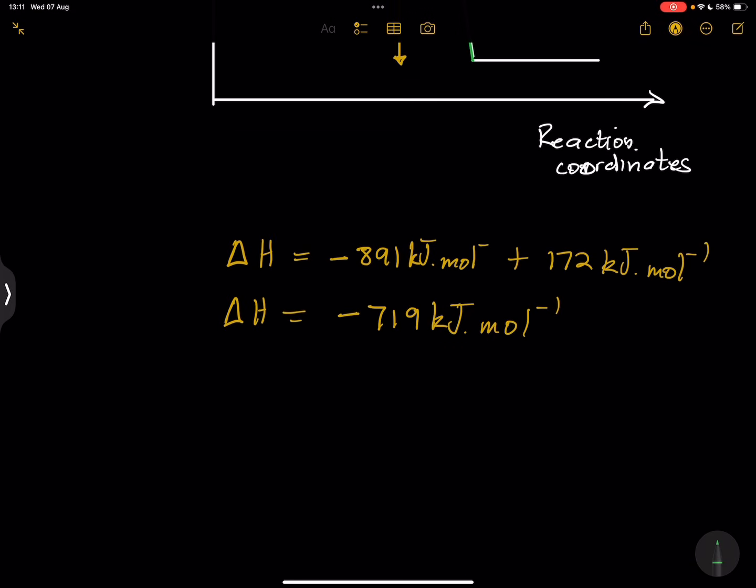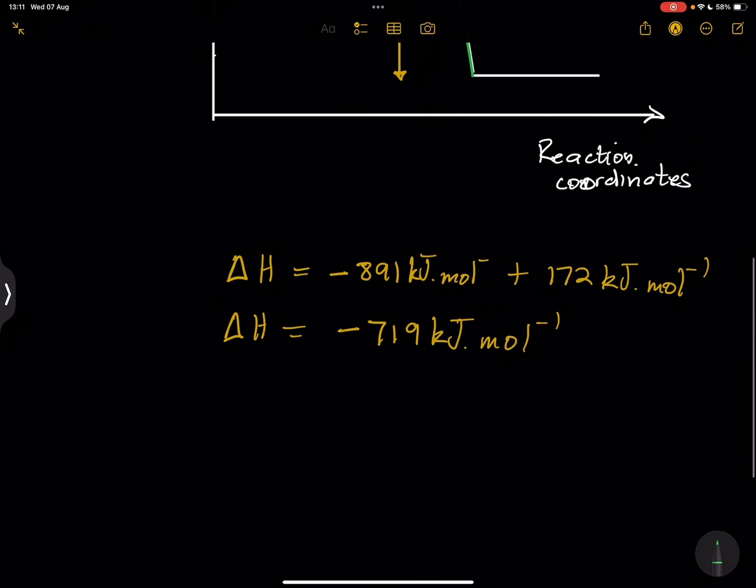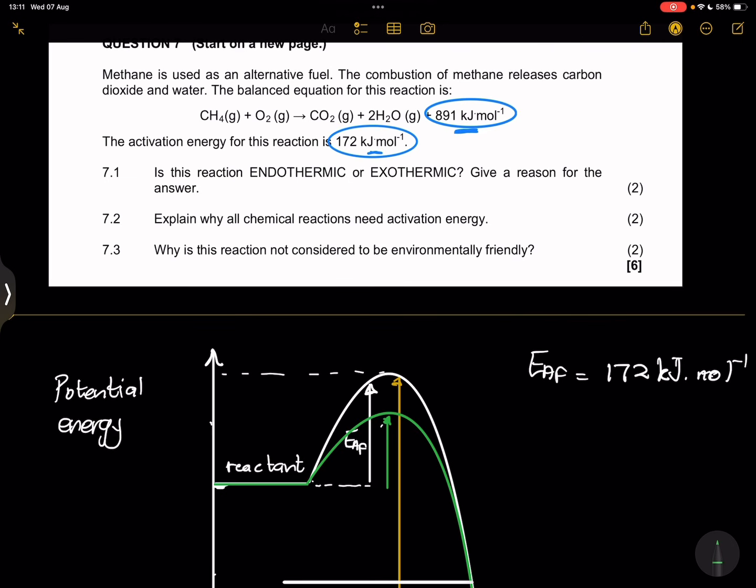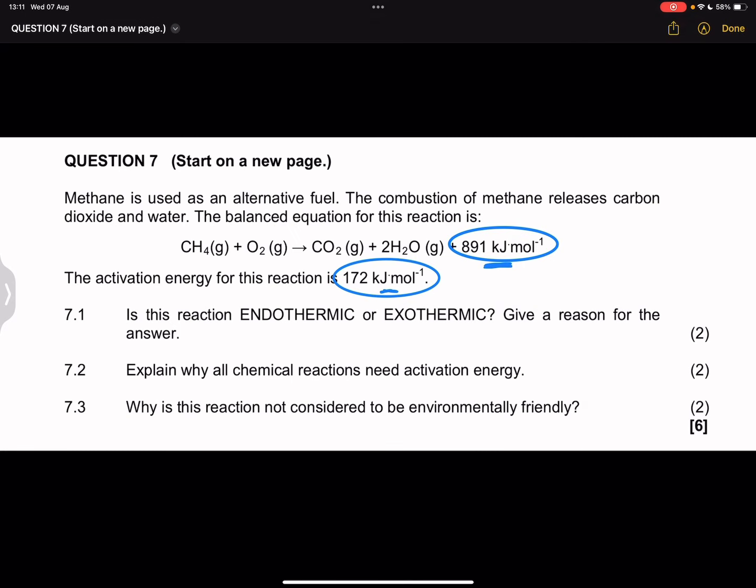Now let's answer the questions that were really asked. They say, is this reaction endothermic or exothermic? Give a reason for the answer. Now note, what type of reaction is this? Again, it is exothermic. Why? The energy of the products would be way less than the energy of the reactants.